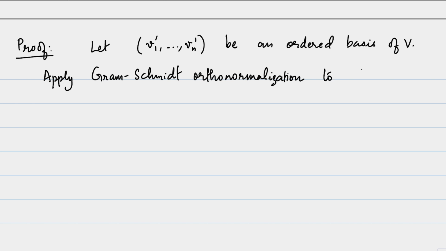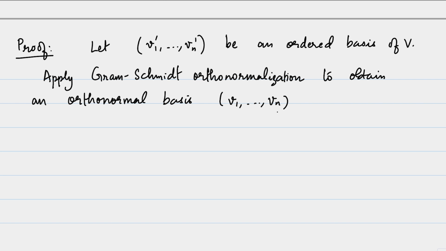Apply the Gram-Schmidt orthonormalization to obtain an orthonormal basis V1 to Vn. I put the prime in the previous case just to ensure that finally I have V1, V2 up to Vn as a basis. So there is an orthonormal basis V1 to Vn of capital V.